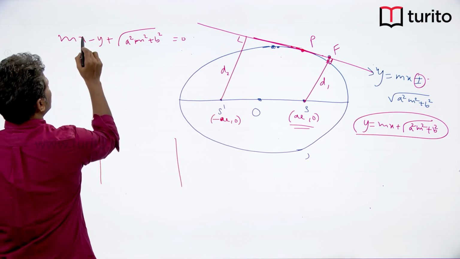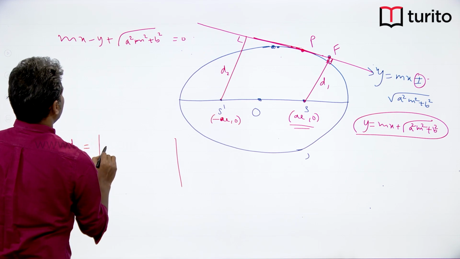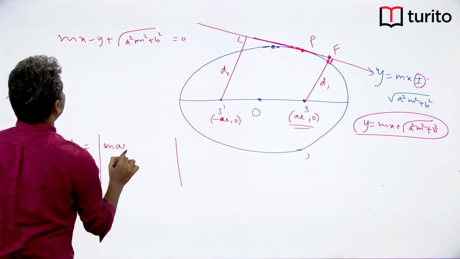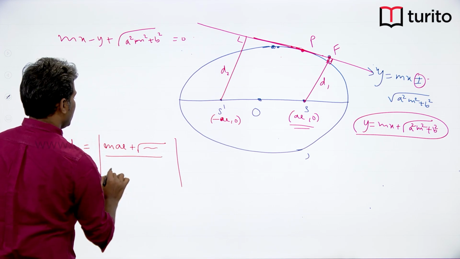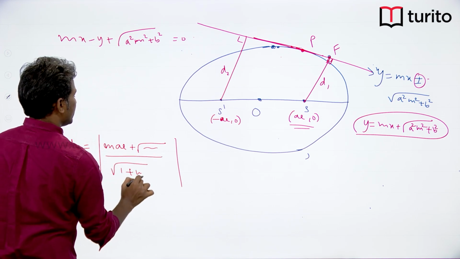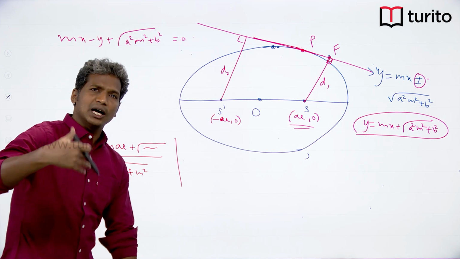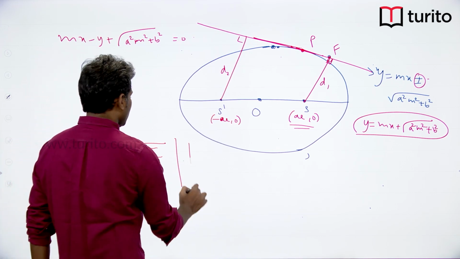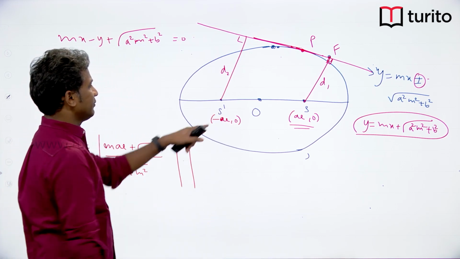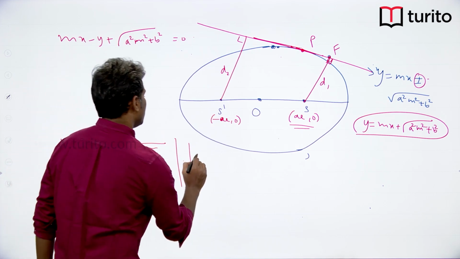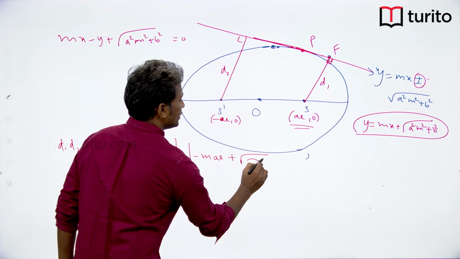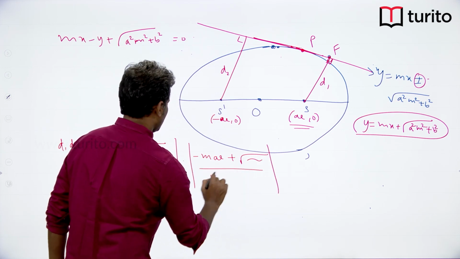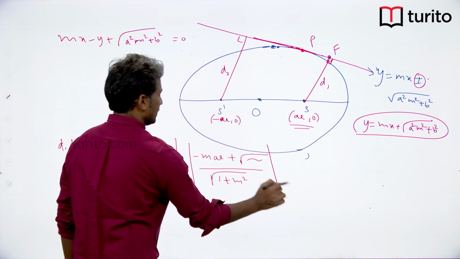So, I have to put ae comma 0 here, that will give me m into ae plus root of this term divided by root of 1 plus m square. Now, what about the other perpendicular distance? It will be in a similar manner, we have to substitute minus ae comma 0, that will give me minus m ae plus root of that term divided by root of 1 plus m square.